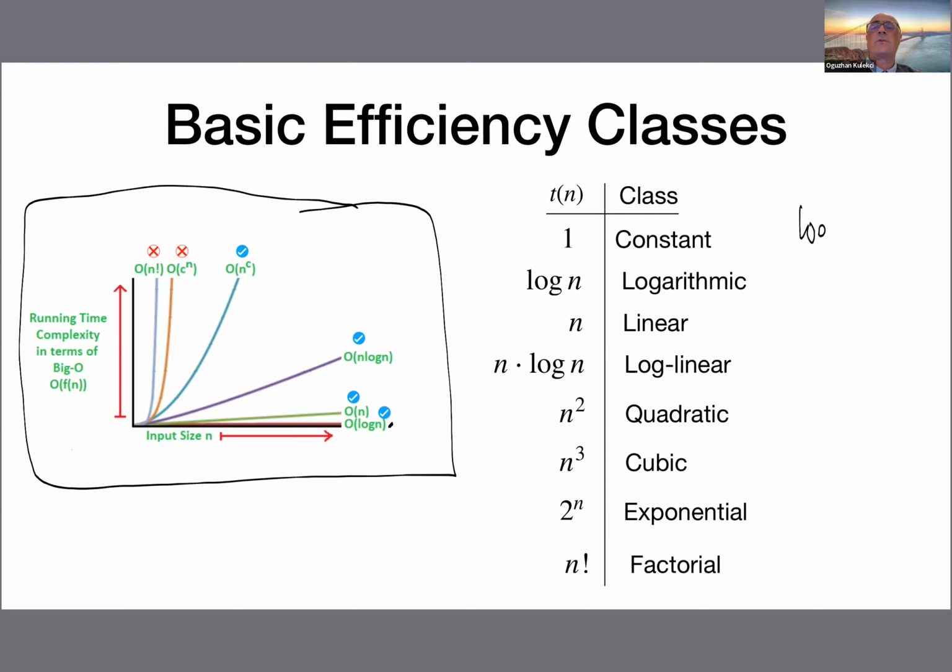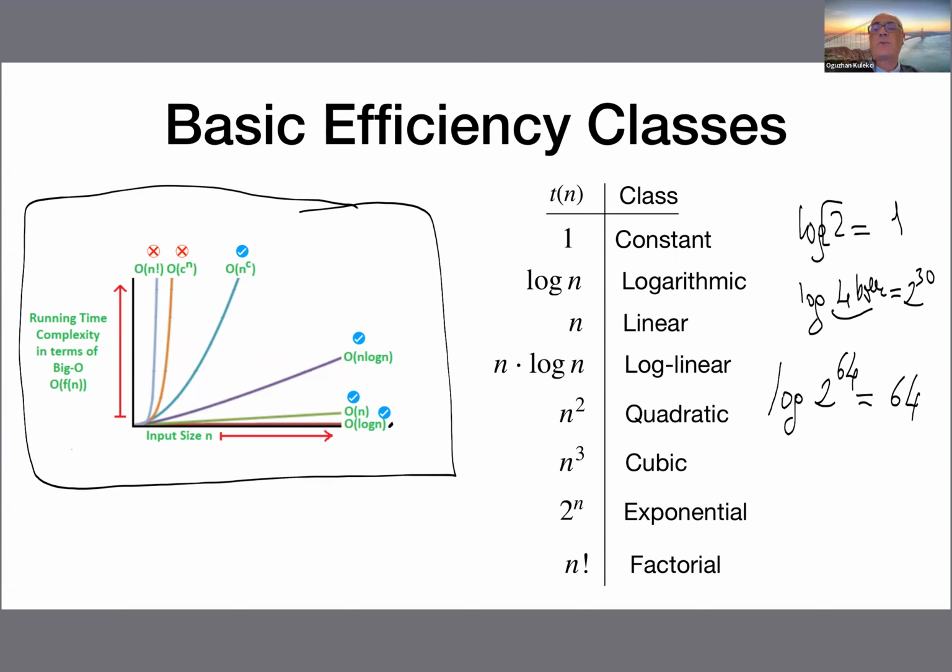Because log 2 is equal to 1, log 4 billion will be something like 2 to the 30, something like that, okay? And when this number becomes larger and larger, for instance, log 2 to the power of 64, something that I cannot read, so this will be just 64, okay?